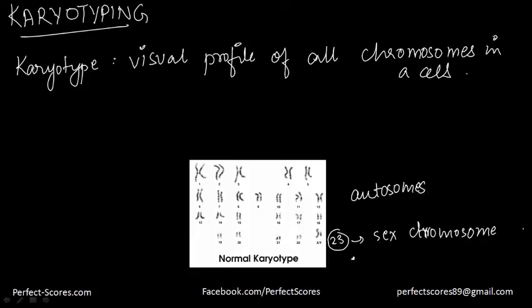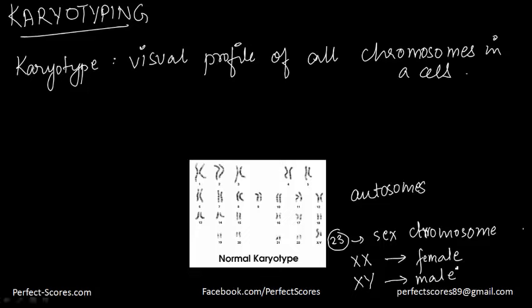Now, if the chromosomes are an X chromosome and another X chromosome, that gives rise to a female zygote. But if there is an X chromosome and a Y chromosome, that gives rise to a male zygote.